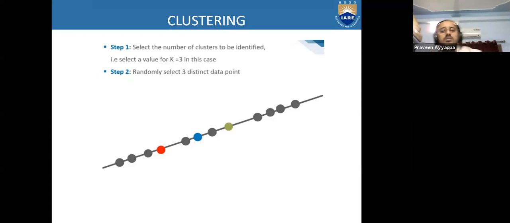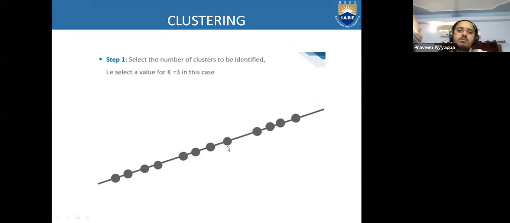I am randomly selecting 3 different data points. I can select the data points from this one, and this one. Don't think that, as I have created some space between these data points, these 4 are one cluster, these 4 are one cluster, and these 4 are another cluster. It is not at all right.